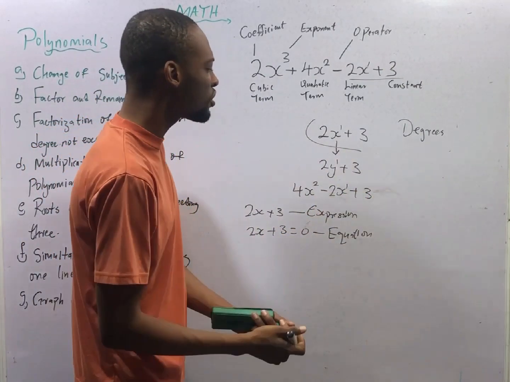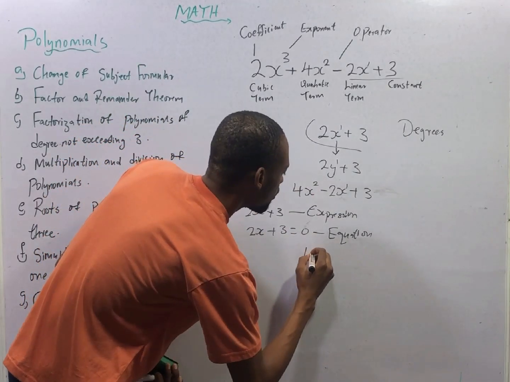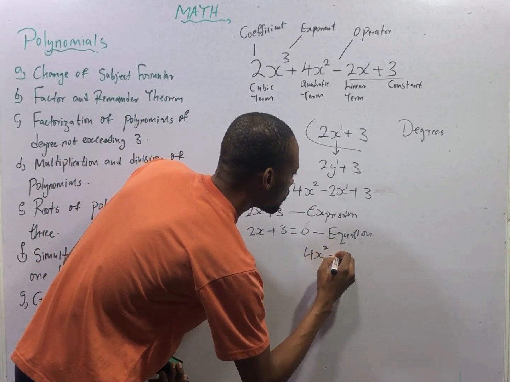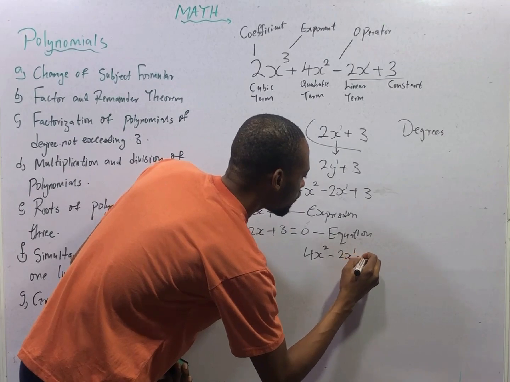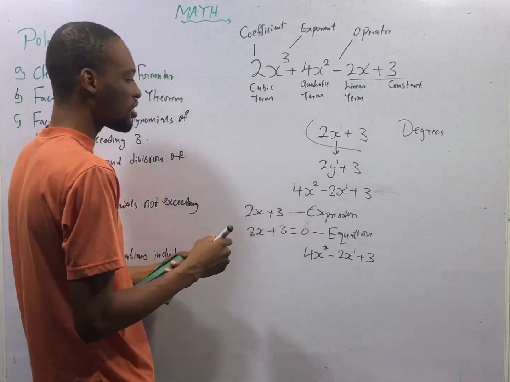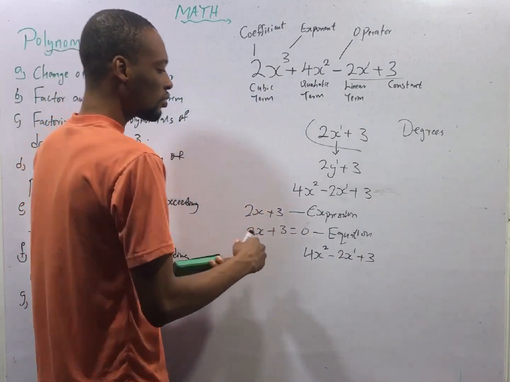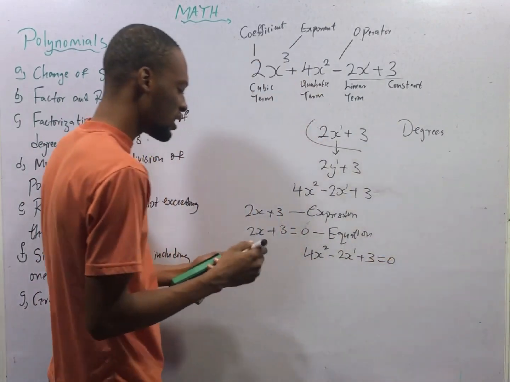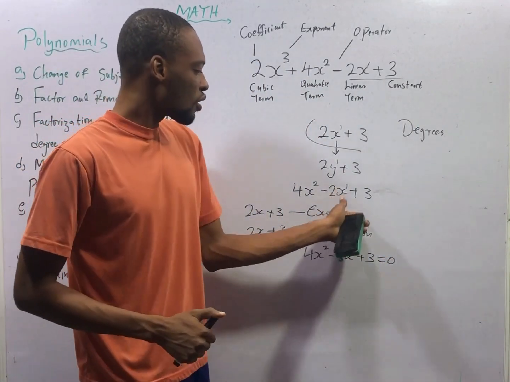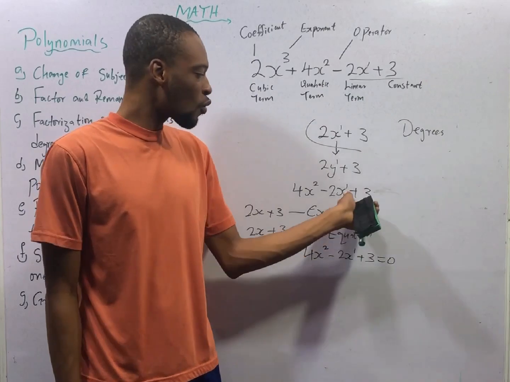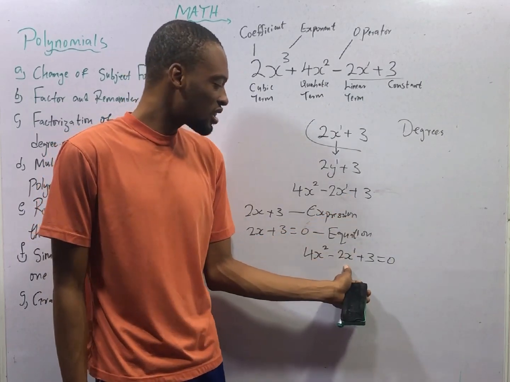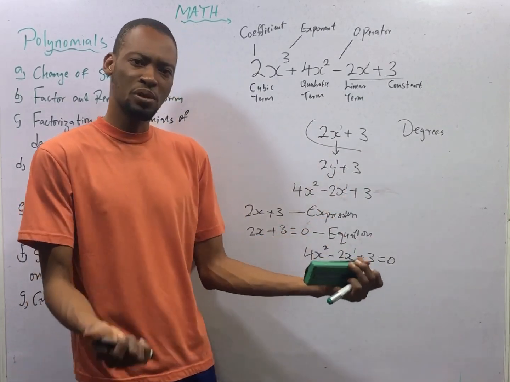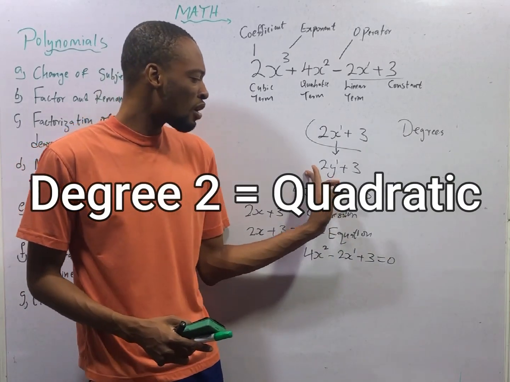By the time you introduce an equality sign, something like 4s squared minus 2s to the power of 1 plus 3 equals 0, or equals anything, this is a quadratic equation. That is a quadratic expression and a quadratic equation, and they are both quadratic polynomials because the highest power of the variable is 2.